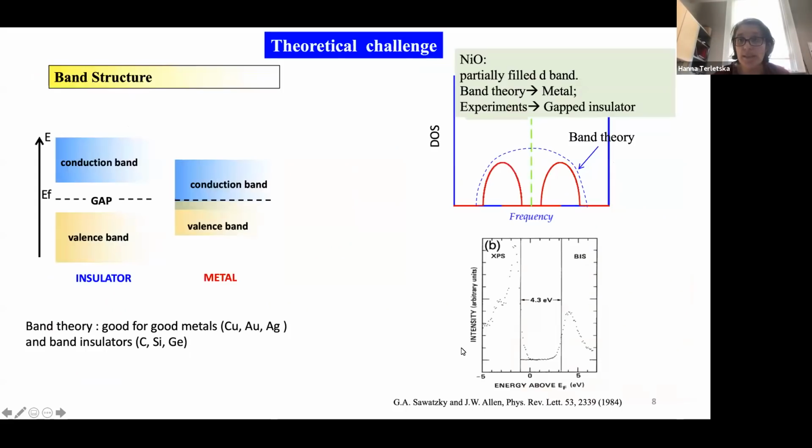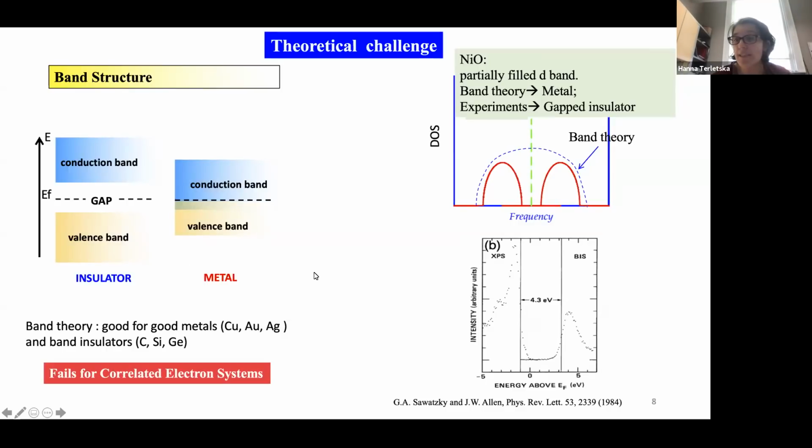So what has been the challenge? The challenge is that at that time, how do we distinguish between metal and insulator? So we use the band theory of solids. This is what we learn in the textbook, right? Where metals and insulators are distinguished by the absence or the presence of a gap in the density of states and depend on the filling of the band.